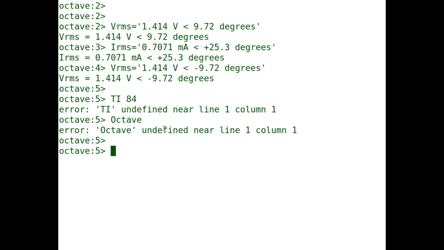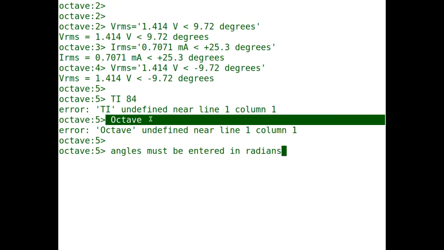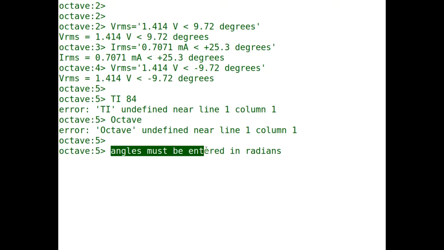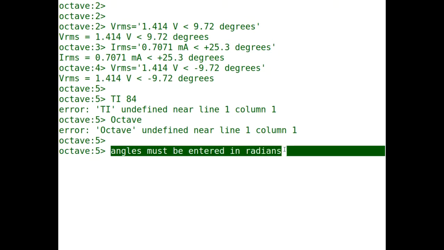But when you do this, you need to put it in radians. The angles must be entered in radians. You have to be careful.